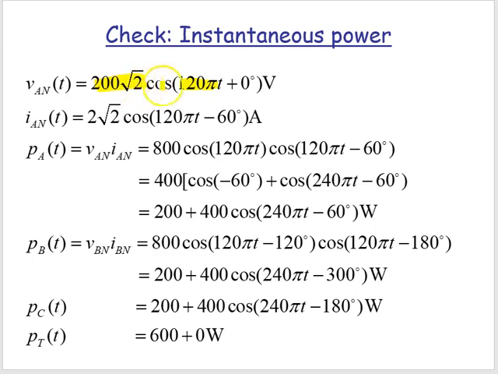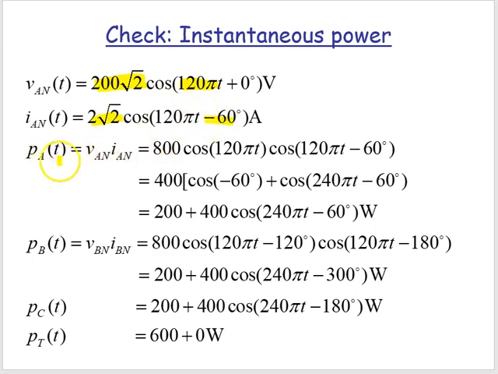So that's 200 square root of 2 cosine, and because these are no longer RMS values, these are just our time-domain voltages. Similarly with our current, that's 2 square root of 2, at an angle of negative 60 degrees.